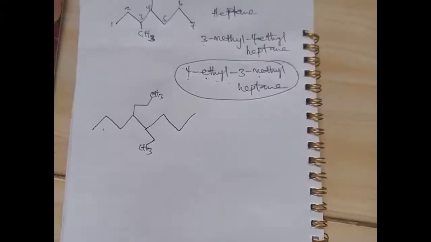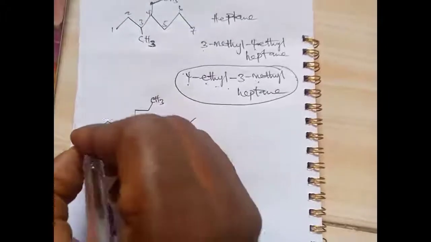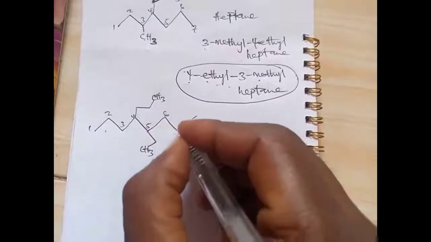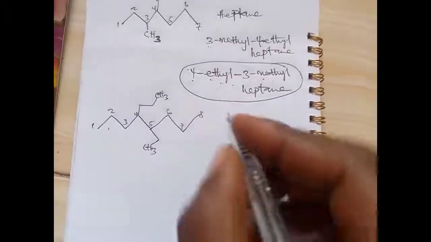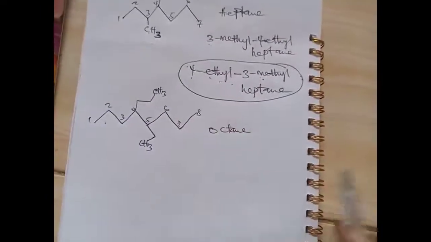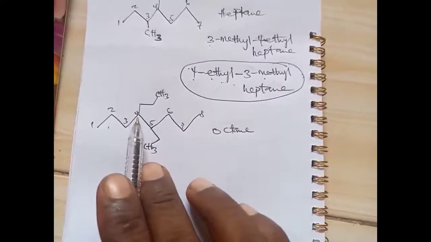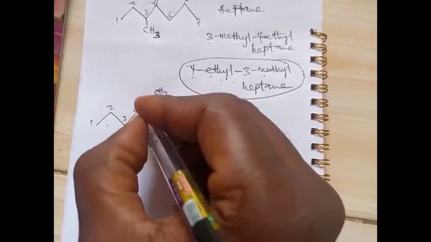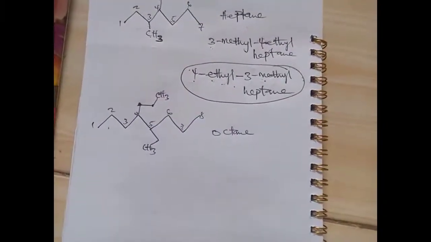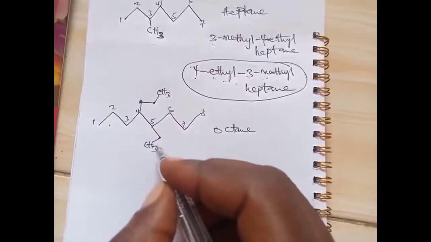Let us also consider this structure. If we name from left to right, so the longest chain, octane, 8. Now, from here at the 4th carbon atom, we have propyl attached to it. At the 5th carbon atom, we have ethyl attached to it.